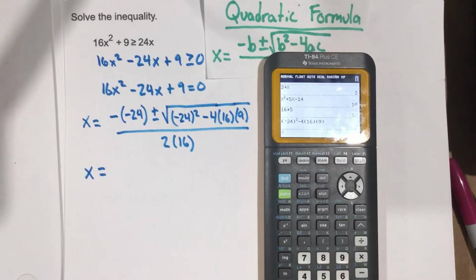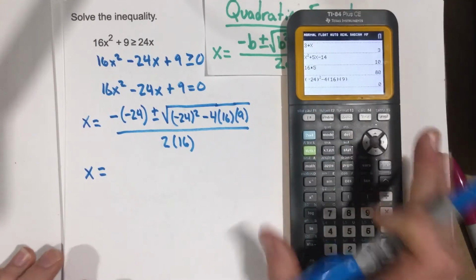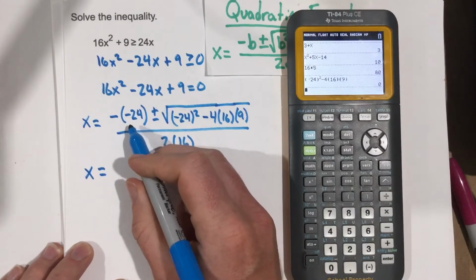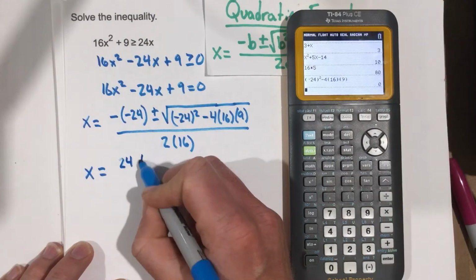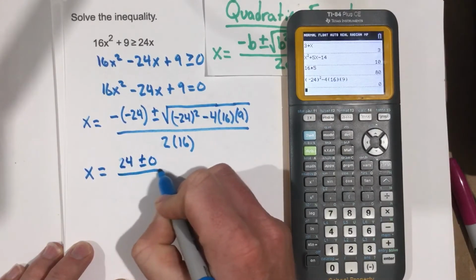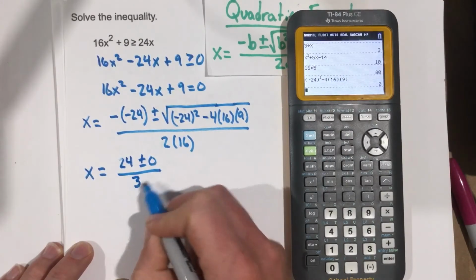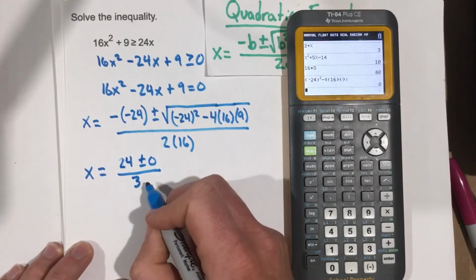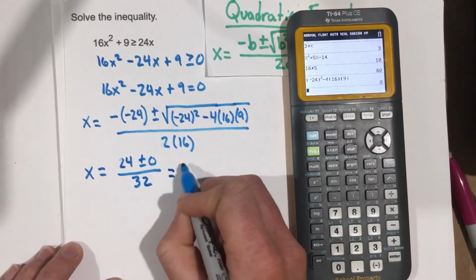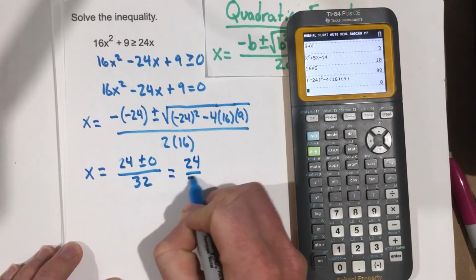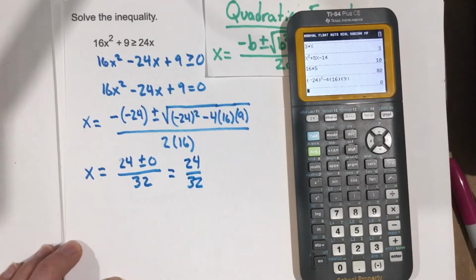That gives you 0. So we're left with negative 24, this is 24 plus or minus 0 over 32. So that gives you 24 over 32 for your x value.